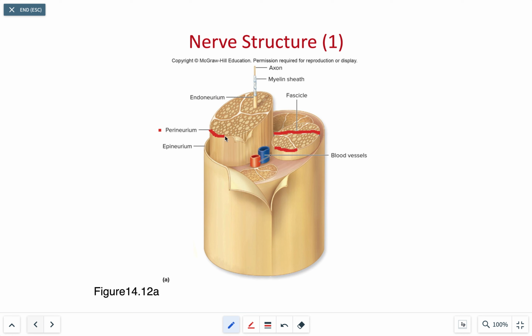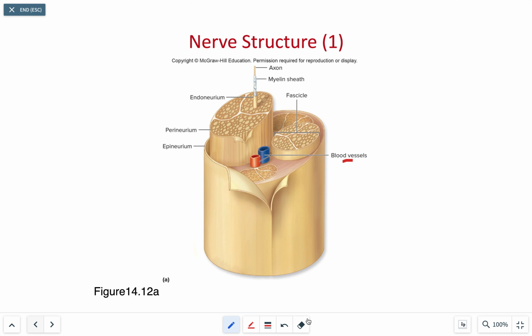It's another illustration of a dense irregular connective tissue called the perineurium. This layer also helps support the blood vessels. The blood vessels, again, are going to supply the capillaries, which are located in the endoneurium.